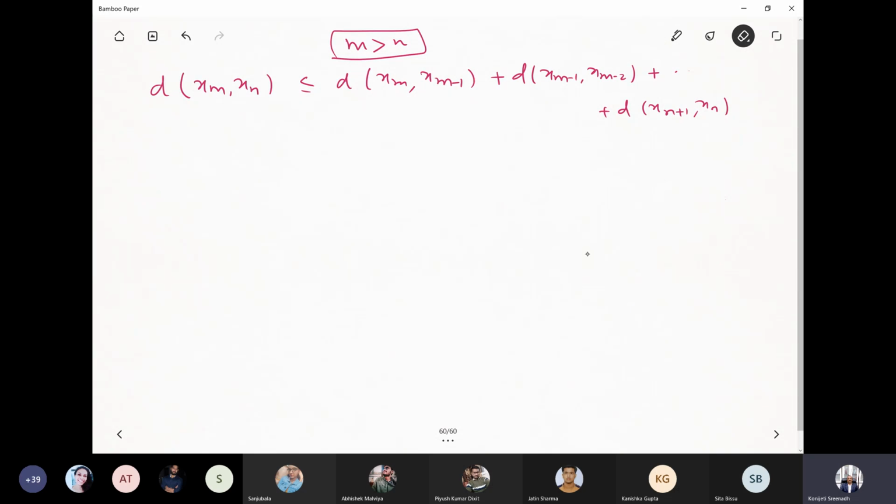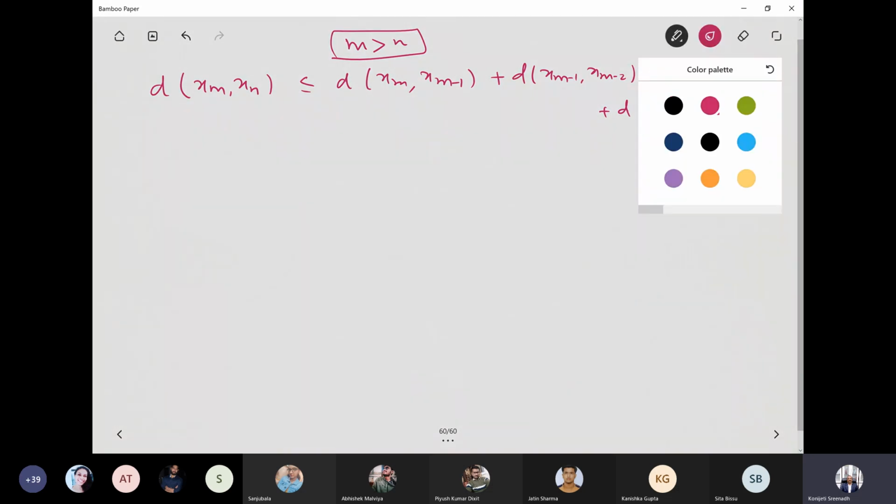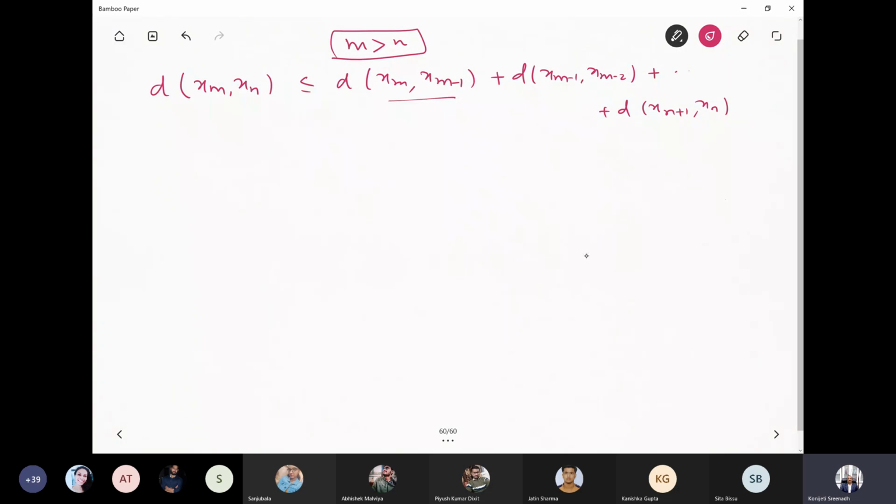Now apply the previous step, because these are now consecutive elements. Here we can apply it now.